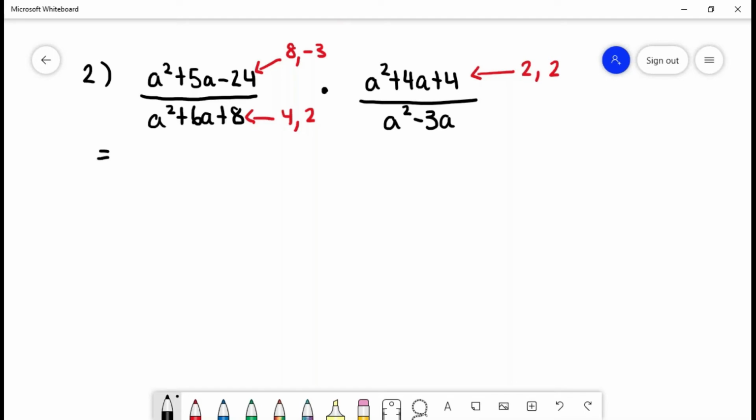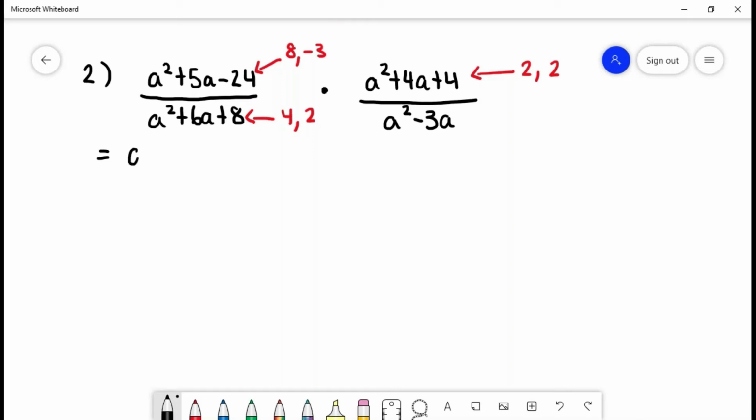So now what we have to do is write our numbers, which we've established as coefficients of our variable a in this case, and write them as the sum of the middle term, exactly as we did in our very first question.